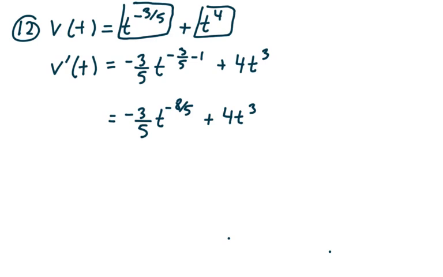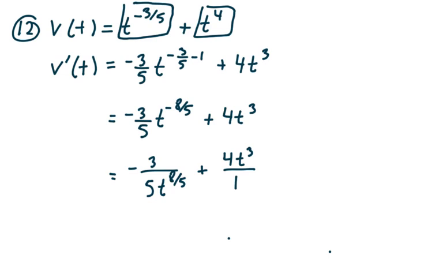And that's going to become important when we reach chapter 4, okay? And so this is negative 3 over 5t to the 8/5 plus 4t cubed. And we're just going to say divided by 1, okay?